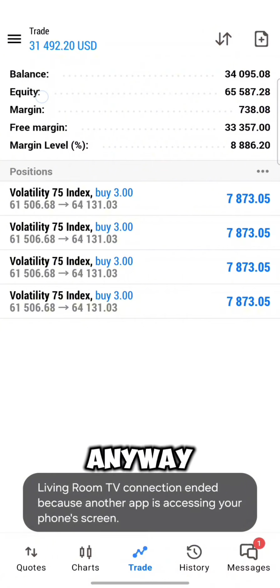But what's important is that I was able to revisit Volatility 75 again and execute some trades. This is what I had and this is what I have. So it's still the same trade. I just thought maybe it hasn't reached the maximum potential that it was supposed to.